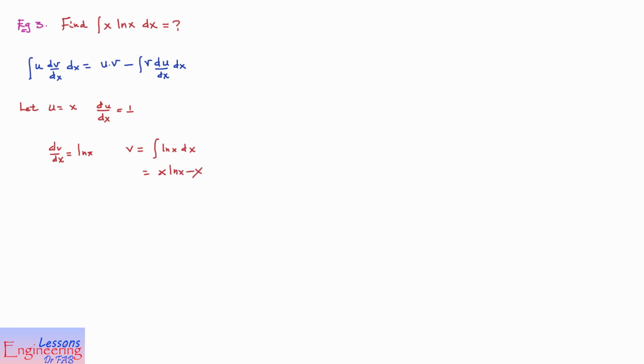Okay, so now let's use this and try to solve this problem. Find its integral. This will be the integral of x ln x dx equals u, which is x, times v. So our v is x ln x minus x, minus the integral of v times du by dx.